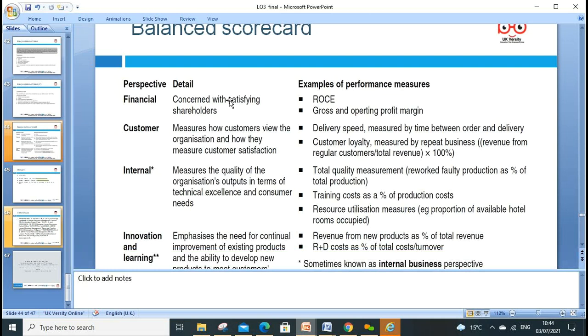If you look at the financial perspective, of course, you can use the financial ratios. If you look at the customer perspective, you can think of the speed of delivery, how quick, and customer loyalty, how many repeat customers are buying from us. If you're looking internally, you look at total quality management, production, training costs, and whether efficiencies improve or not.